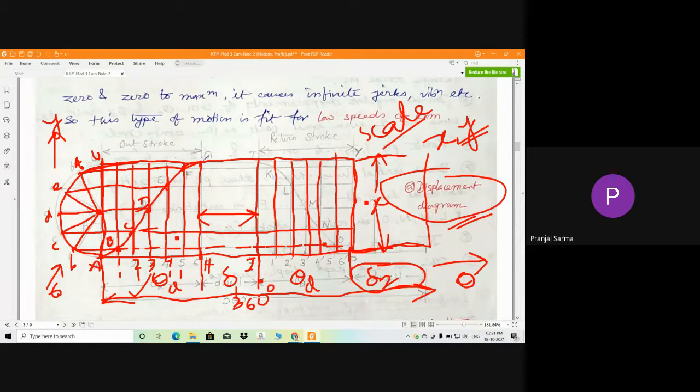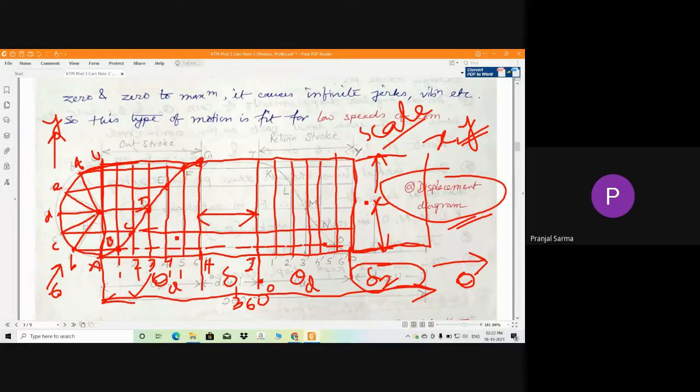Now the outstroke, or the ascent stroke, is over. After that, what is the name of the stroke? We have dwell now. Dwell means there is motion of the cam, but during that time there is no displacement of the follower.